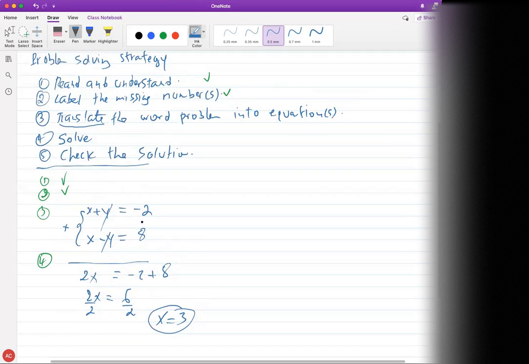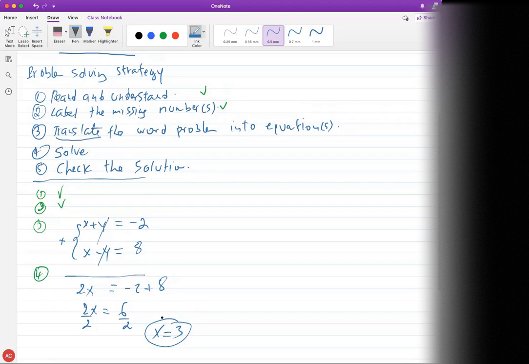We would plug x into one of these equations, either this or this. We're looking for the y. Which one seems easy to use to find the y? Is it equation 1 or equation 2? This seems easy.